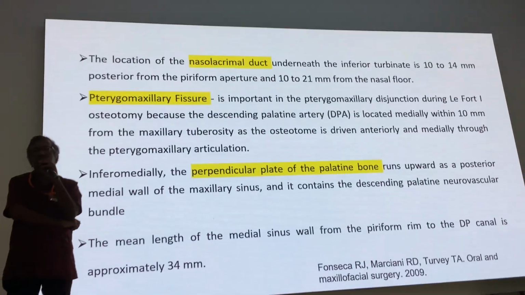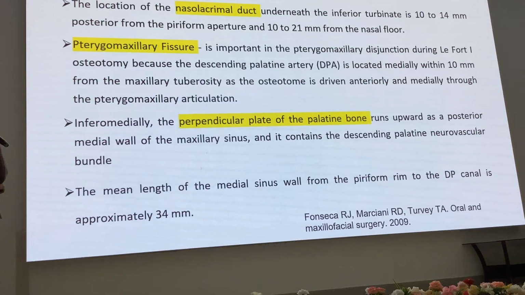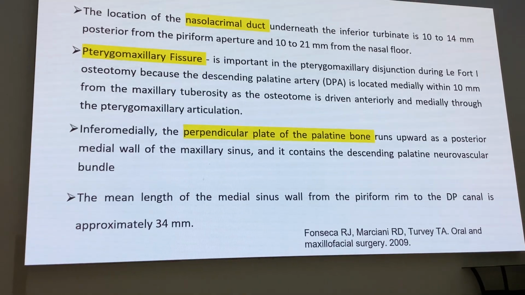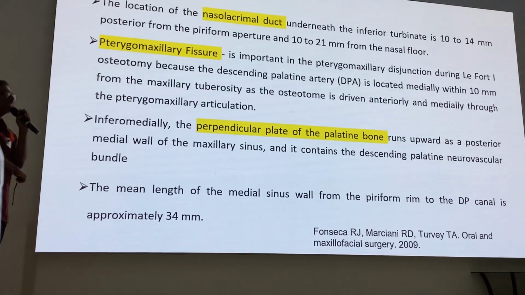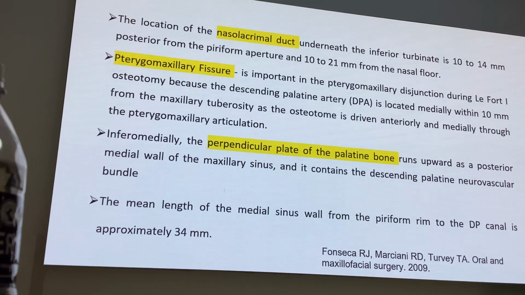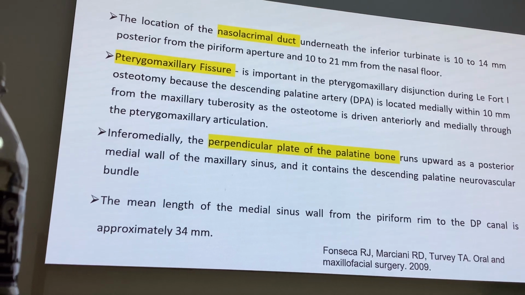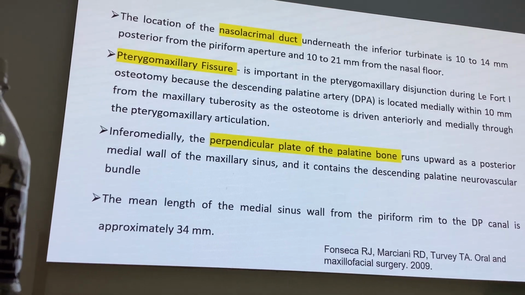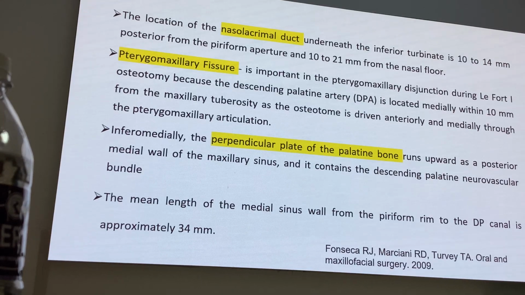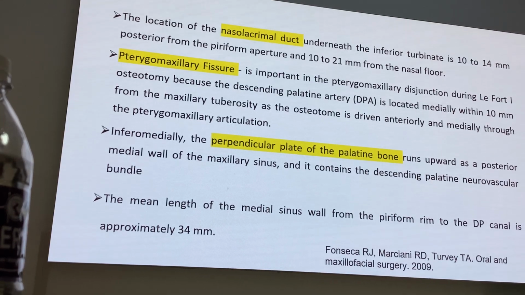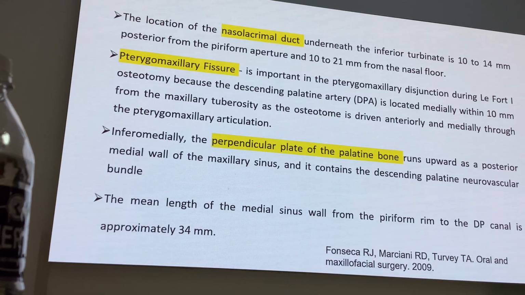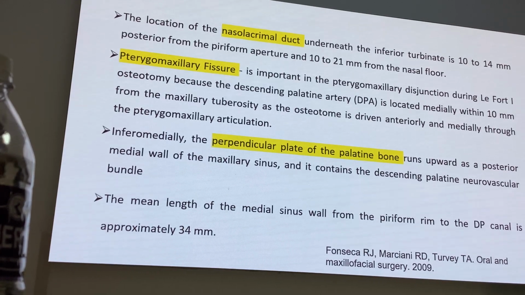maxillary osteotomies, you have to know various vital structures, where exactly they are. One is obviously the nasolacrimal tract. It is positioned about 10 to 14 millimeters posterior from the piriform aperture and 10 to 21 millimeters from the nasal floor.